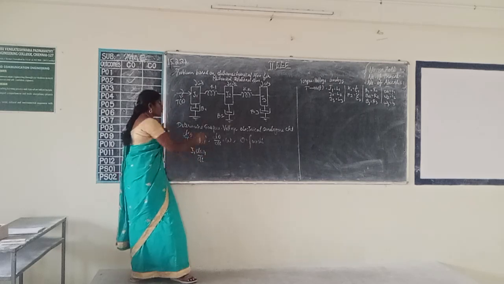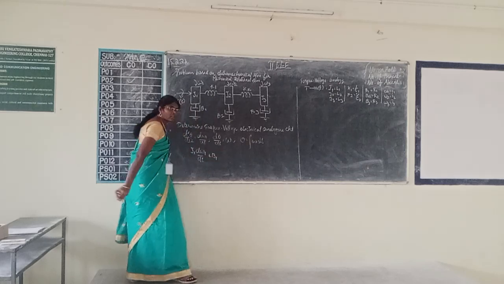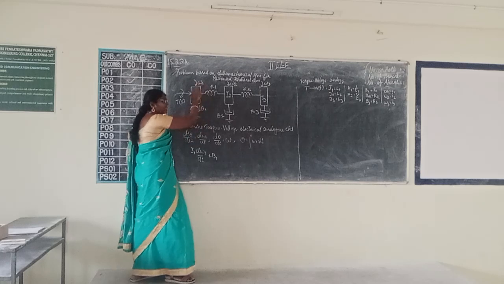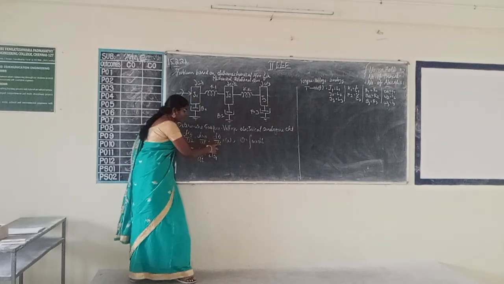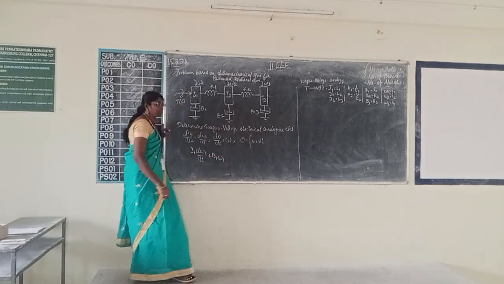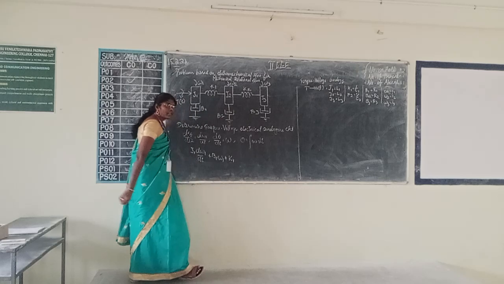Here the dashpot is B1. So for B1, how will the differential equation be? B1 d theta 1 by dt, and d theta by dt is omega, so it is B1 omega 1. Next is the spring that is connected in common, K1.